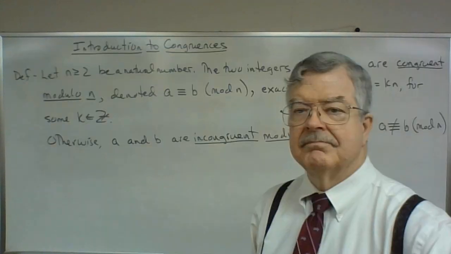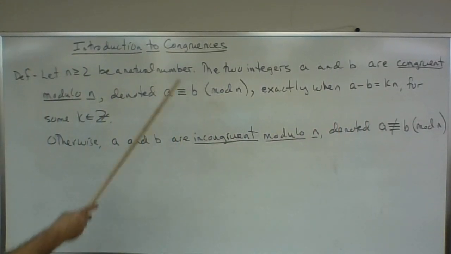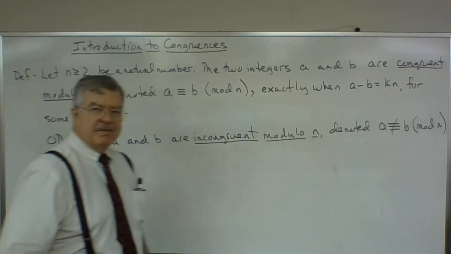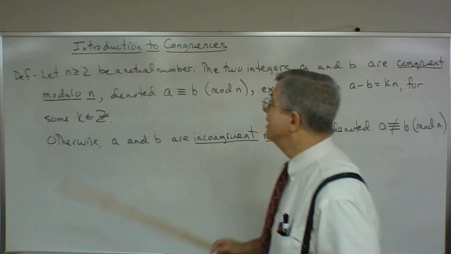Okay, now on. Okay, congruences. We finally arrived. Let n greater than or equal to 2 be a natural number. So in other words, n is any natural number other than 1.